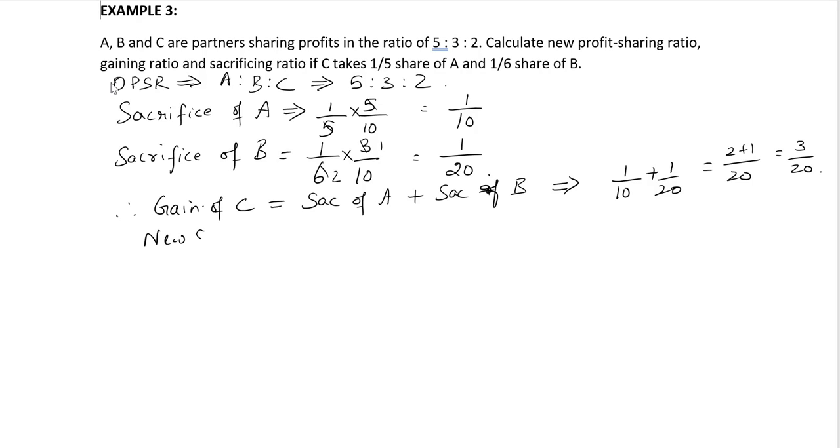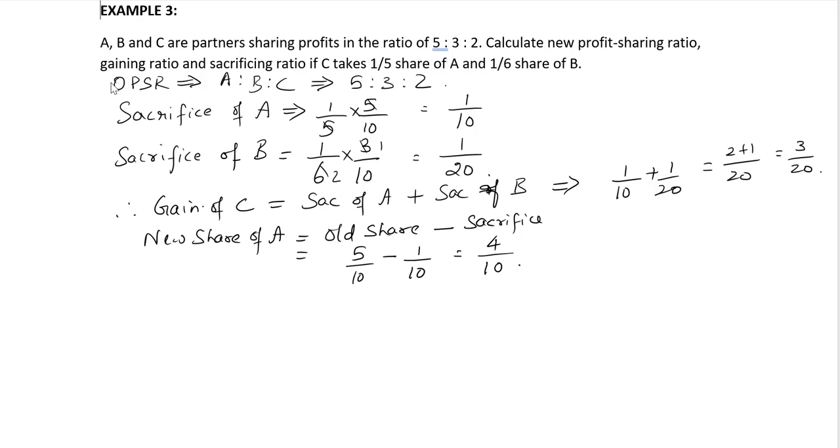New share of A is equal to old share. A has sacrificed, so minus sacrifice. The old share of A is 5/10 minus sacrifice of A is 1/10. Therefore, the new share of A is 4/10. New share of B is old share 3/10 minus the sacrifice of B is 1 divided by 20.